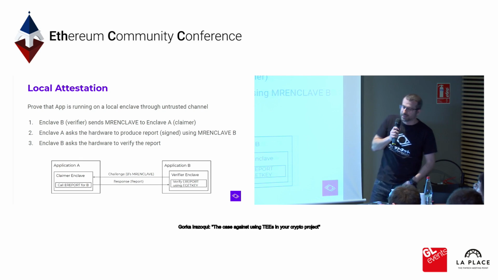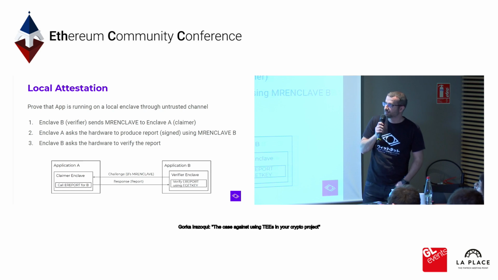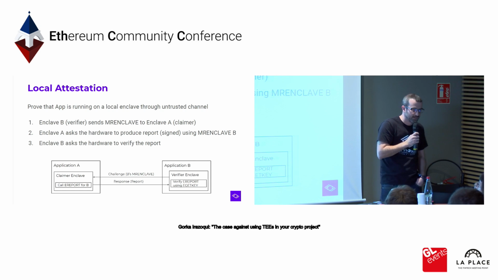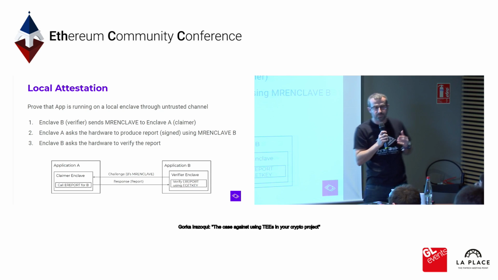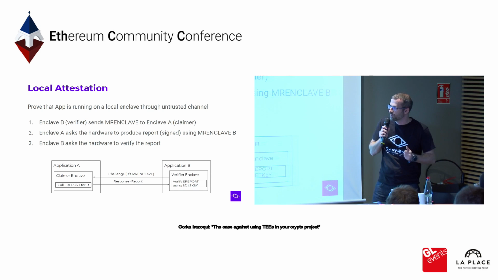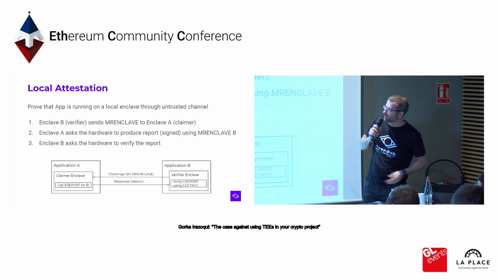Another thing that is really important for TEEs is attestation. First, the local one. This is just two different applications proving to one another that they are running on the same platform. The flow is really simple.